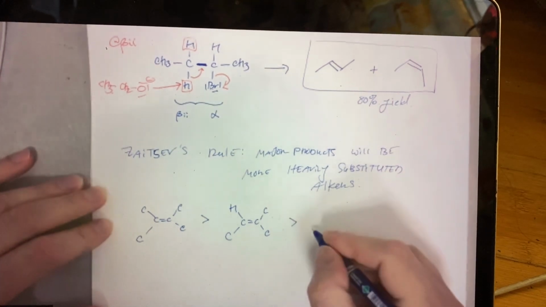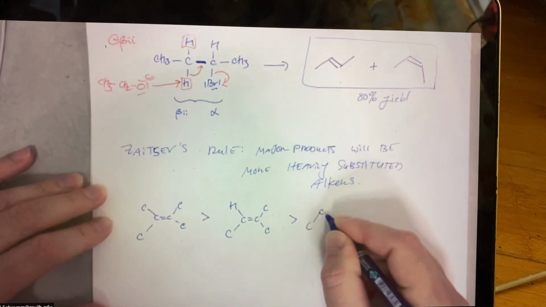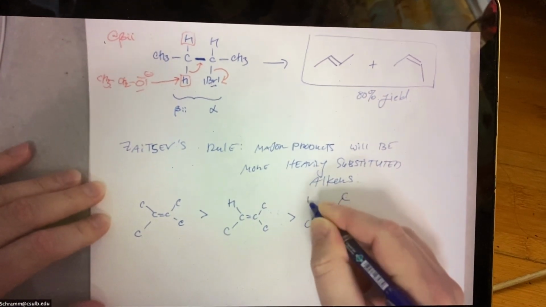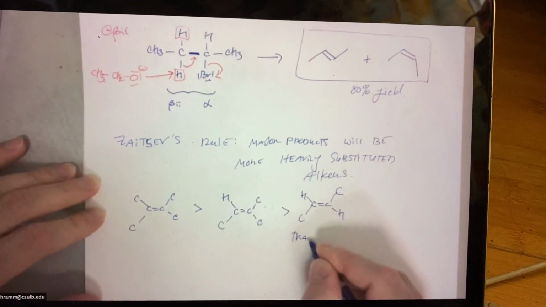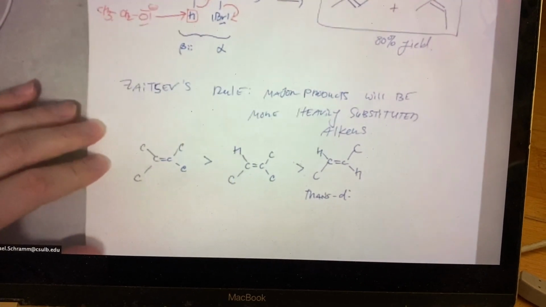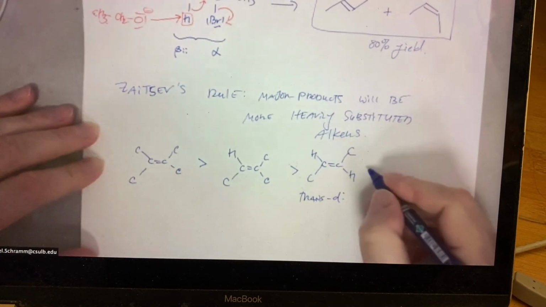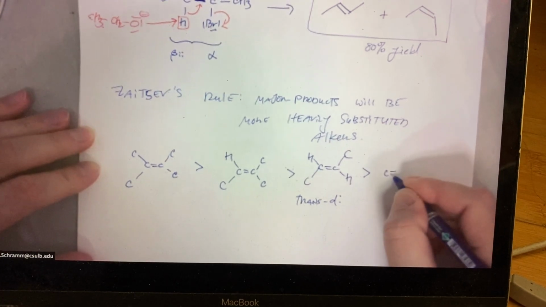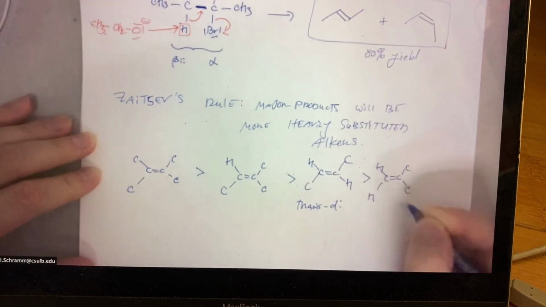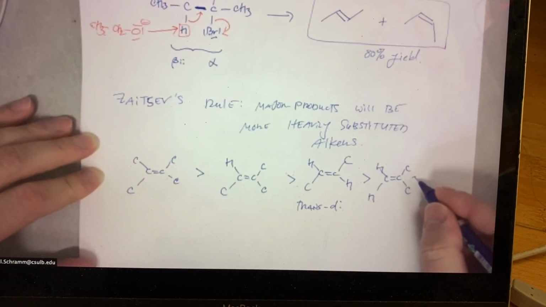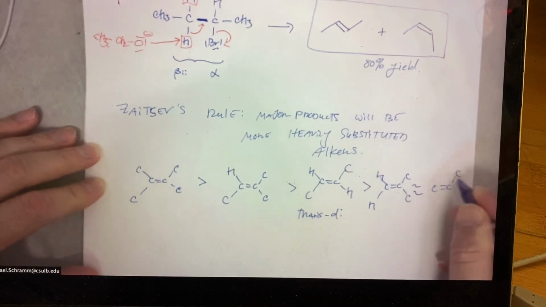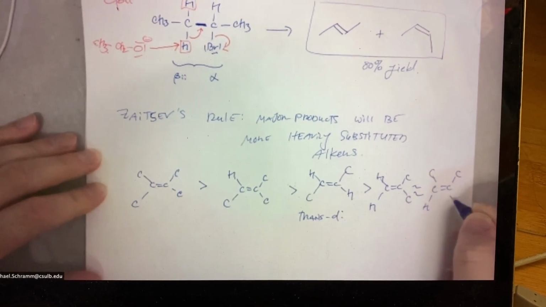Trisubstituted alkenes are more stable than trans disubstituted. Trans disubstituted are more stable than geminally disubstituted, which are roughly equal to cis disubstituted.